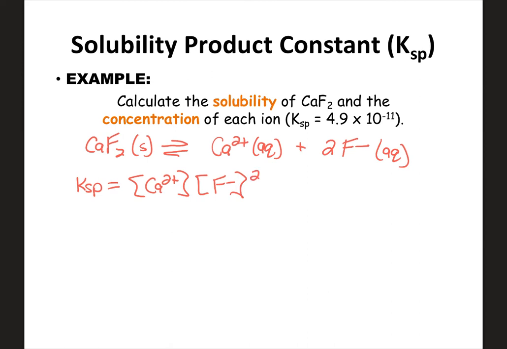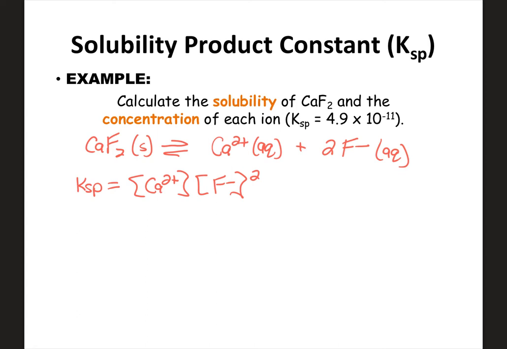So now we have our KSP expression, all right? And this time we know the value of the KSP here. So when we start plugging in, we're going to know this value because they gave it to us in the problem. But we're trying to find the solubility of the compound and the concentration of each ion.